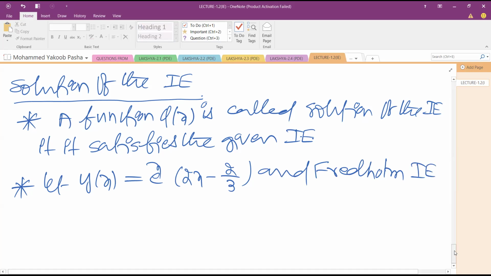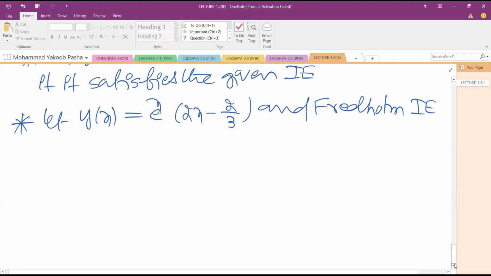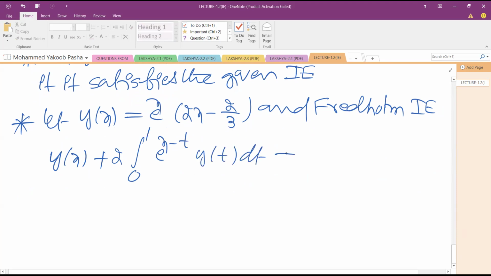The equation is y of x plus 2 into the integral from 0 to 1 of e to the power of x minus t times y of t dt is equal to 2x into e to the power of x. For this Fredholm integral equation, is y of x equal to e power x into 2x minus 2 by 3 a solution or not?